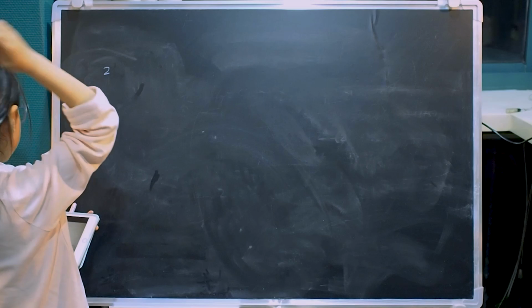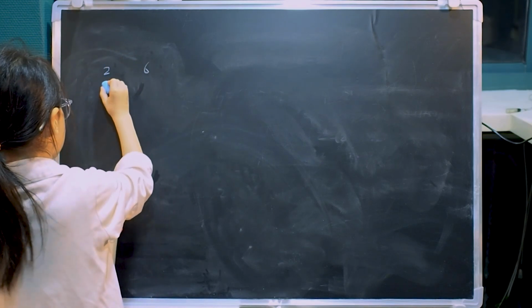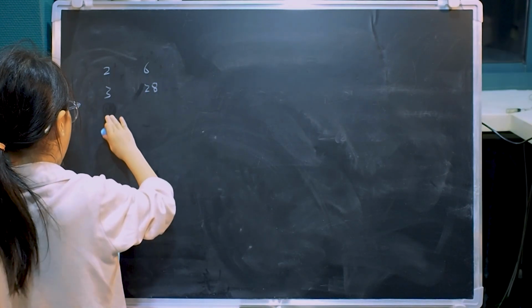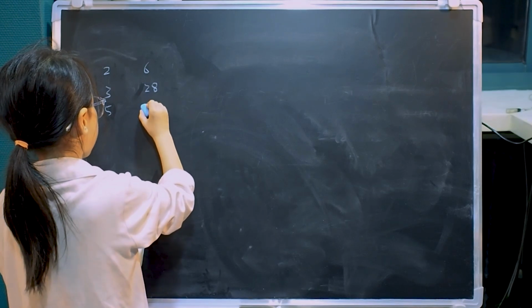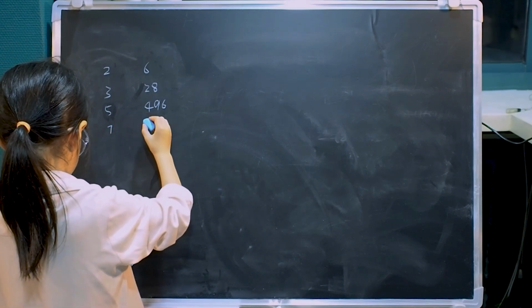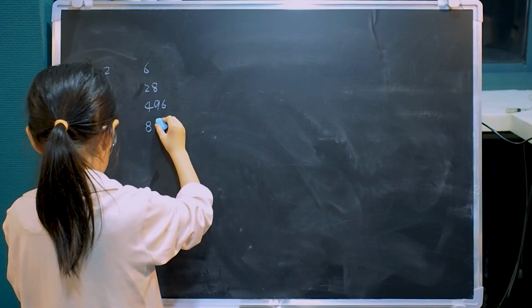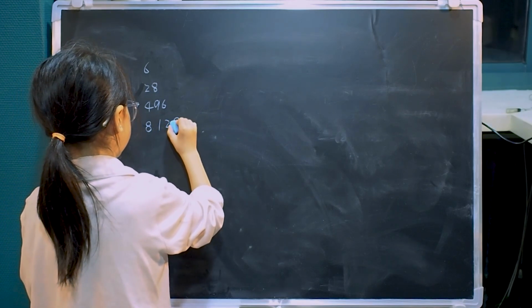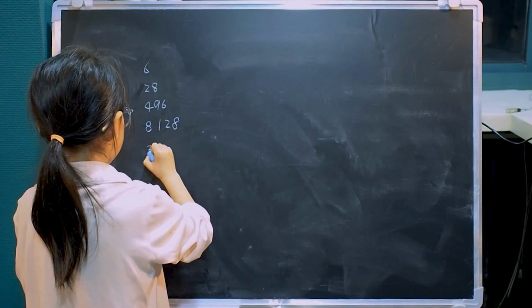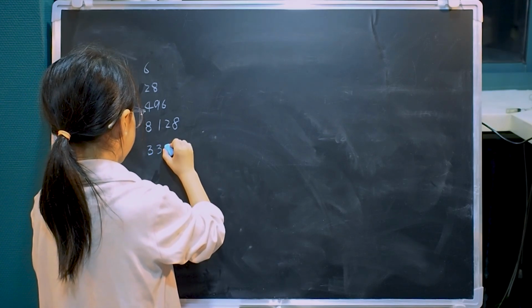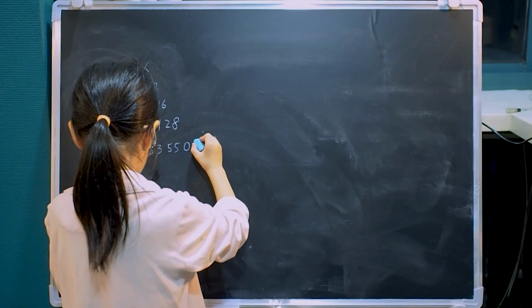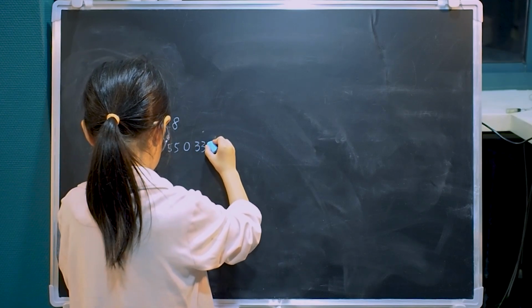First when p is 2, we get 6, 3 gives 28, 5 gives 496, 7 gives 8128, and when it's 13 it is 33,550,336.